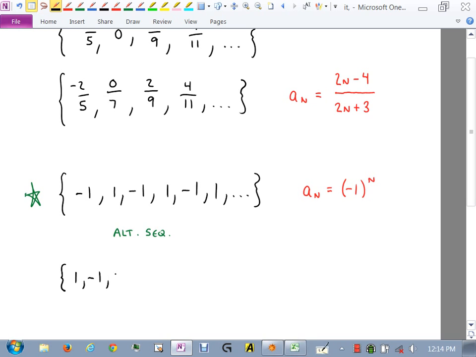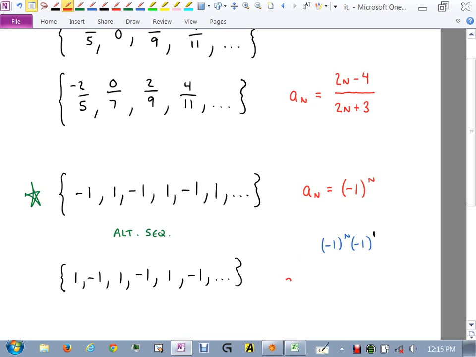Multiply by -1. So you're saying take the series that I had just before and multiply by -1? And then it would change the signs of everything, wouldn't it? I agree. Can I just write down what you're saying? You want to take this and multiply by -1, so the power on the -1 here is 1. Same base, add the exponents: -1 to the n plus 1, which is what I heard you saying.